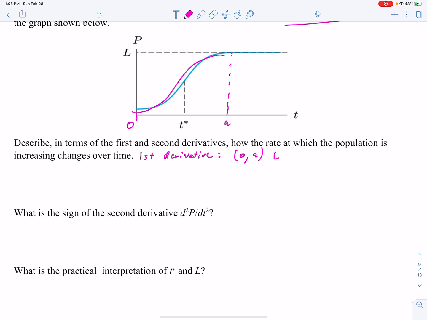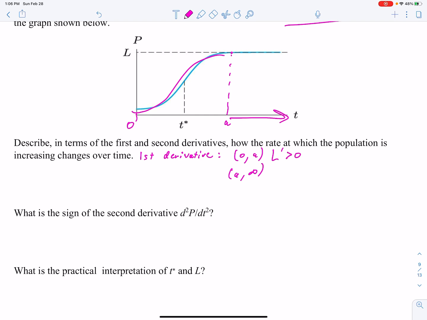L prime is positive, right? The derivative is greater than 0. Let me write that better. L prime is greater than 0. Now from A on, in other words, from A to infinity, it looks like the derivative is 0.